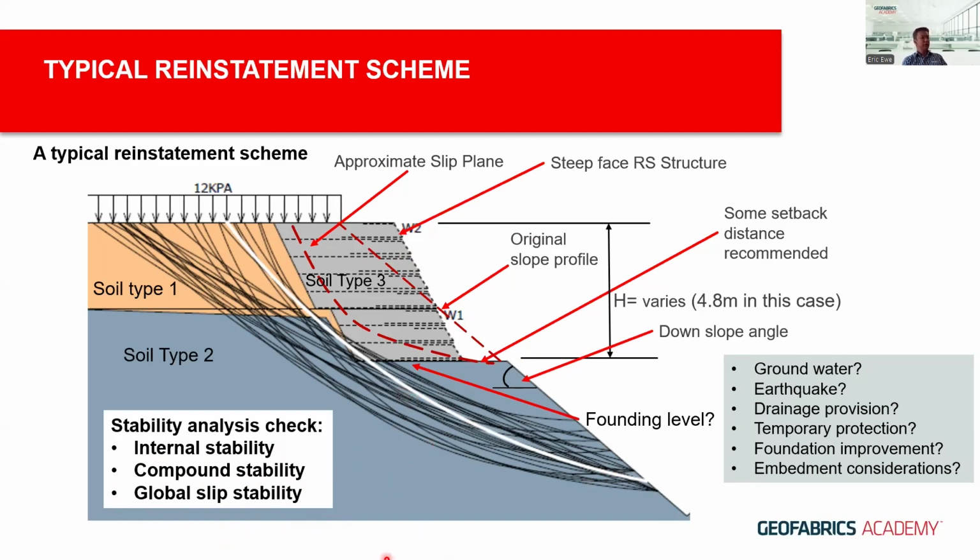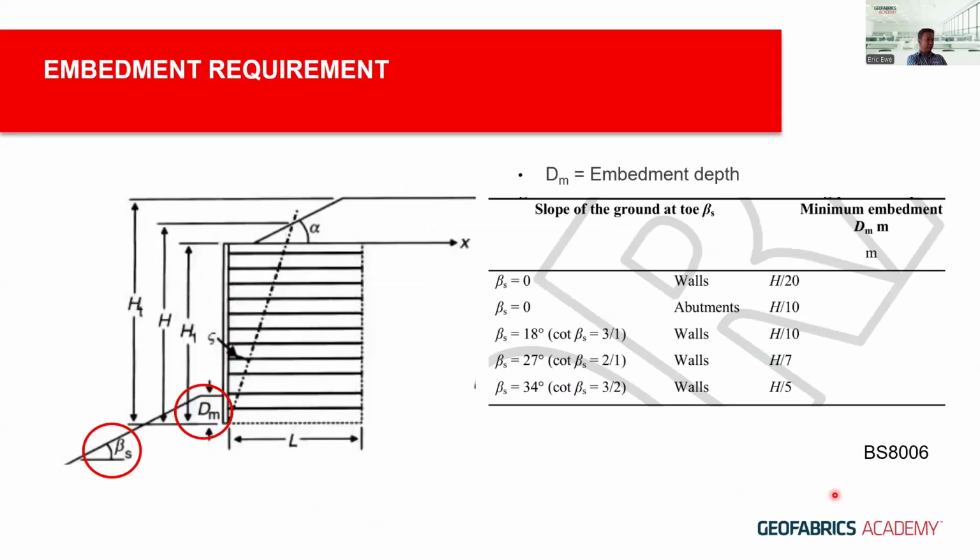Those considerations come down to long-term stability analysis, groundwater, earthquake, drainage, whether there is a need for temporary protection, foundations and embedment consideration, etc. We'll discuss that a little later.